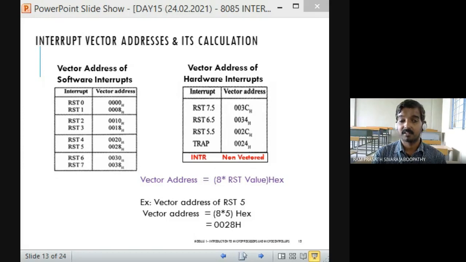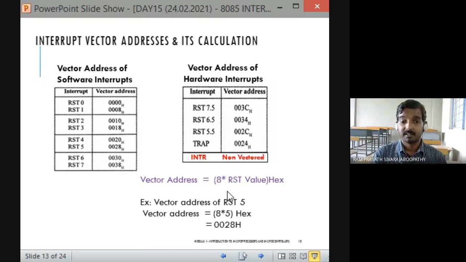After call, what has to be given in the instruction? See, the instruction is still not complete, Sajesh. I am speaking about the call instruction, correct? When the INTR interrupt occurred, during the first interrupt acknowledgement cycle, it read the opcode CD from the device.